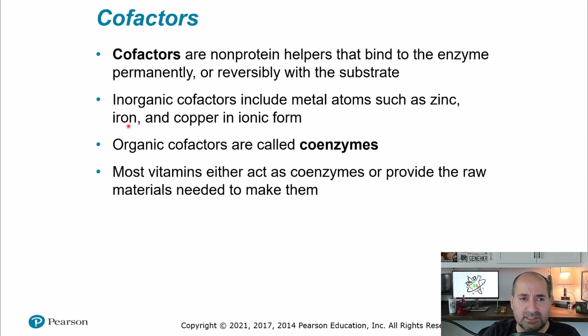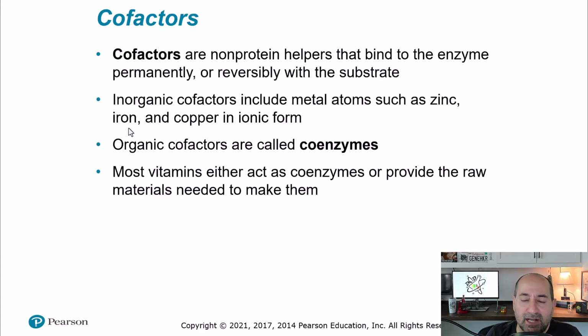But iron's not the only cofactor. Your thyroid has enzymes that require iodine. You've got zinc. Zinc is important in the nucleus for certain proteins that bind to DNA. You need copper in your diet. You need magnesium and manganese and cobalt. I mean, there are a host of different minerals that you need in your diet because different enzymes require different cofactors.